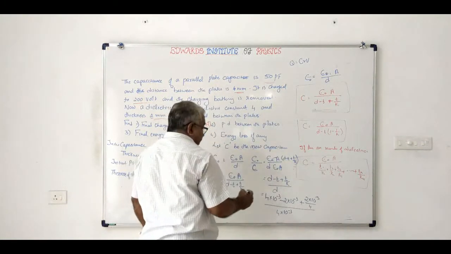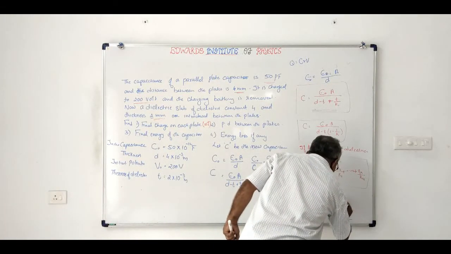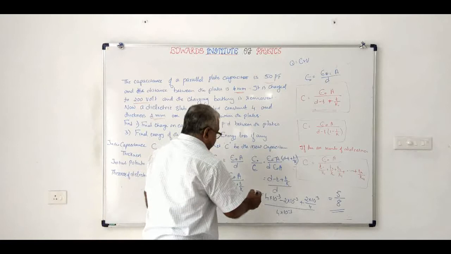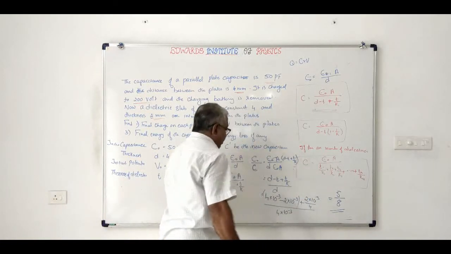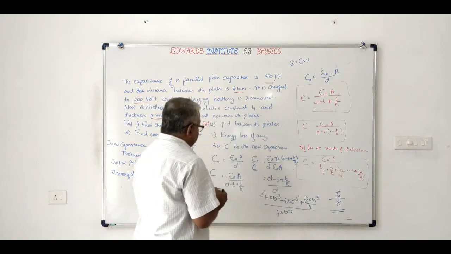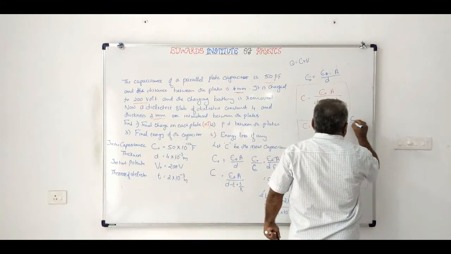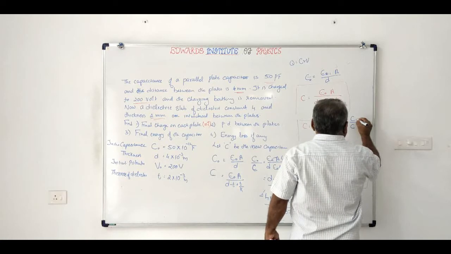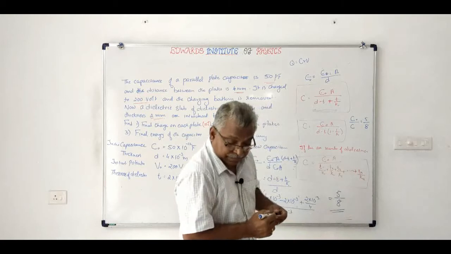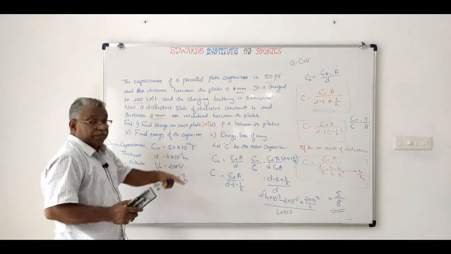If you work this out, you will get 5 by 8. So C0 by C is equal to 5 by 8. Note that down.